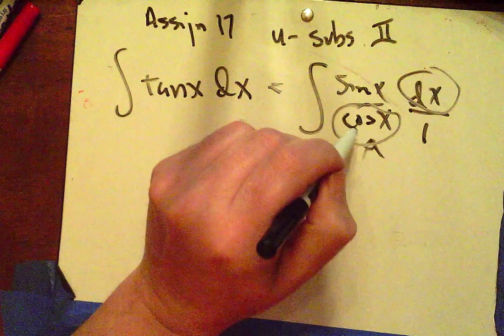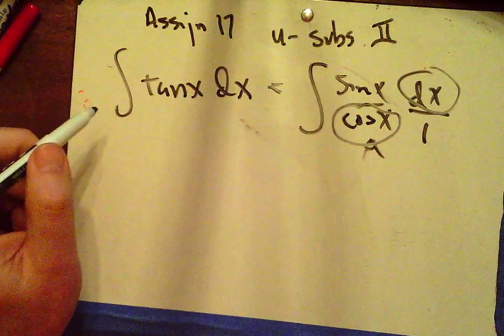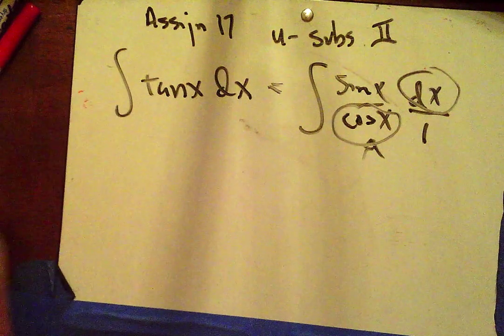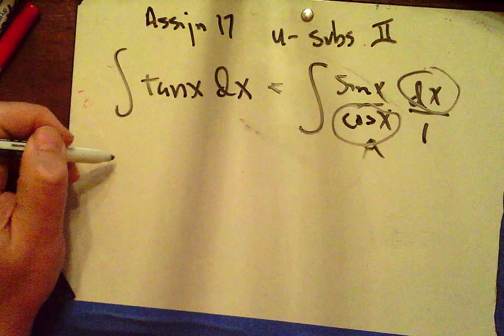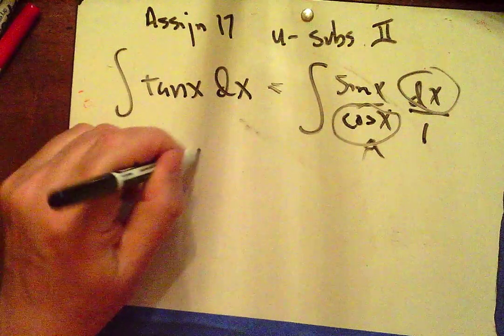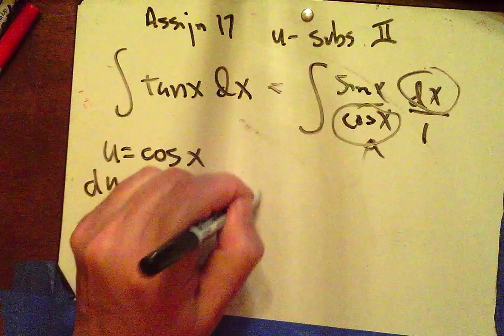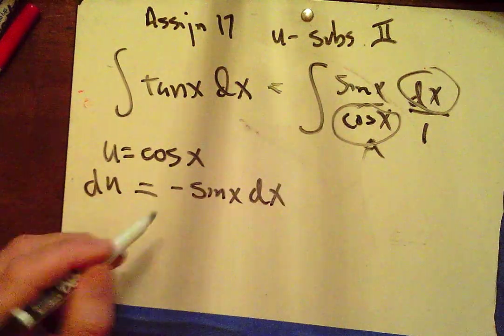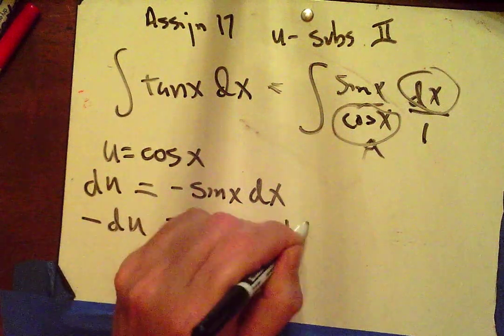Instead, look in the denominator. Look in the denominator, look inside of a function, look inside of a function in the denominator. Those are going to be my suggestions for you. So our u is cosine x, and our du is negative sine x dx. Or negative du is sine x dx.